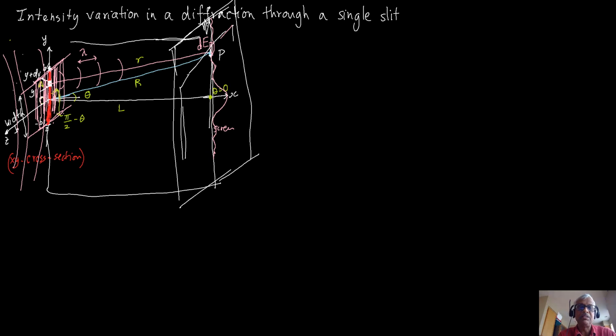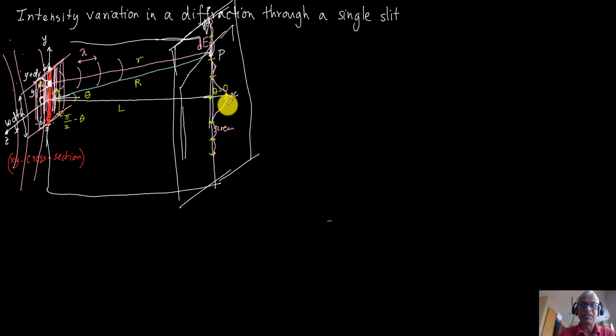Periodically the intensity disappears. For instance, here it disappears, here it disappears, here it disappears. So the places that disappear are the minima of the intensity. Ideally it should be zero, but in practice it's a minimum value of intensity.